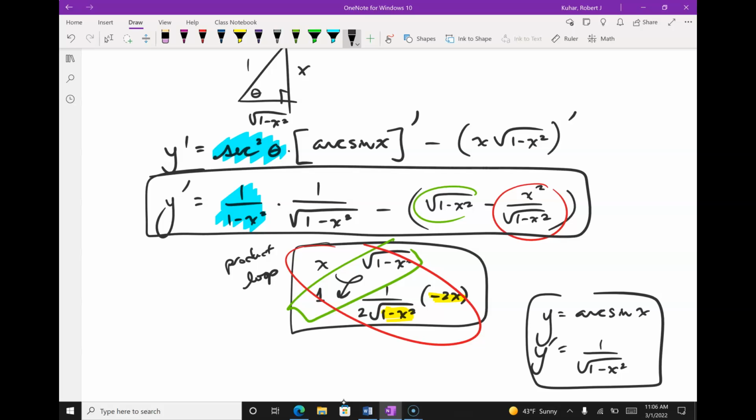I don't understand why it's minus like this. Yeah, so product rule is a plus in between. So this is positive and this is negative, so I just keep it. In product rule, I don't change any. The derivative is 1 over 2 square root of 1 minus x squared, times negative, because the derivative of the inside is negative 2x.